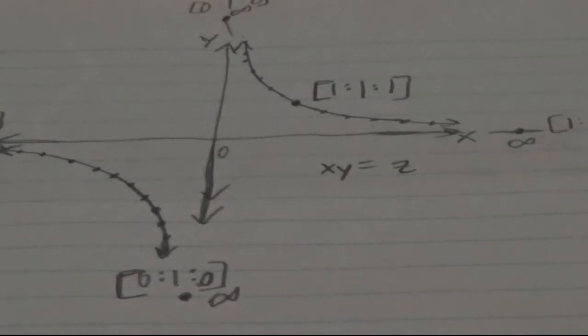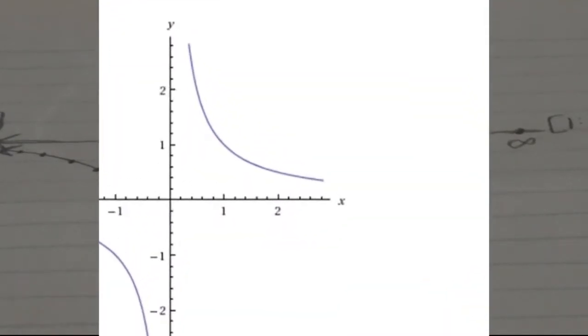In other words, we couldn't say the same thing for the function y equals 1 over x in Euclidean geometry. We definitely could not. I mean, you can see it on screen.